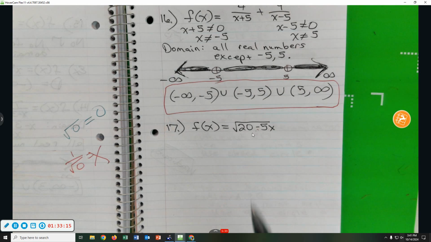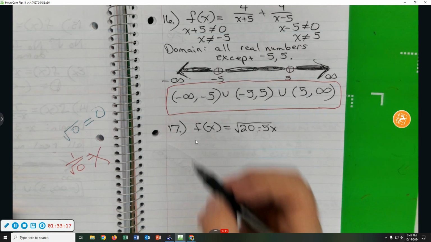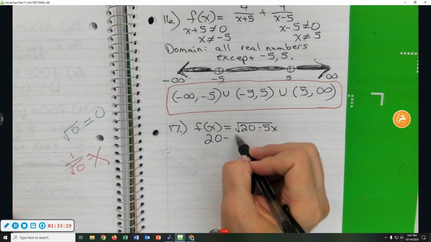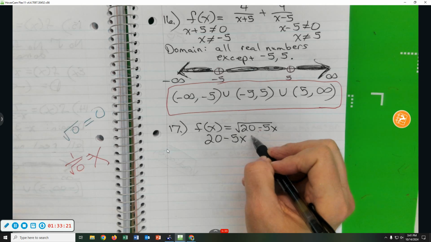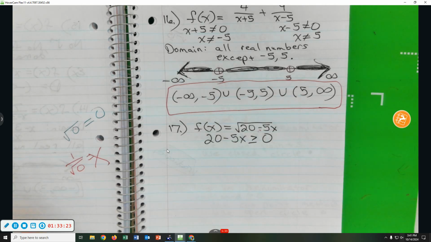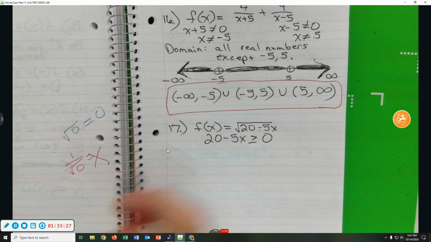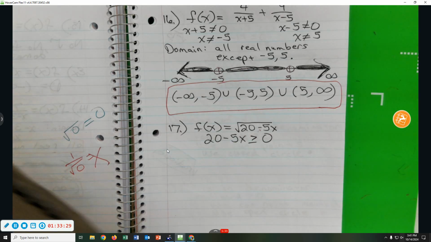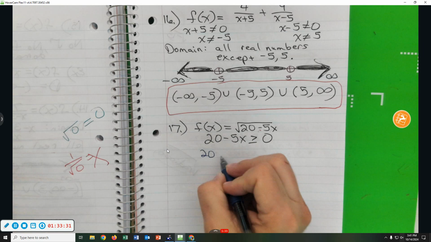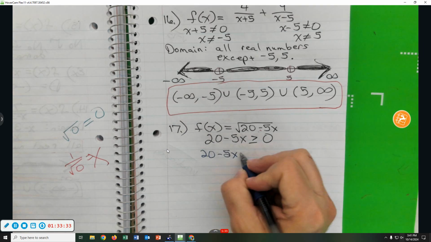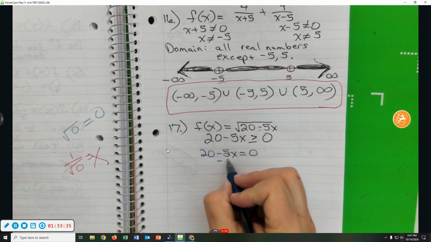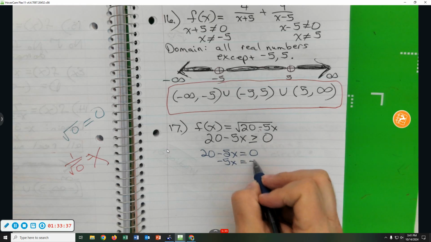So this is not in a fraction. We know we need 20 minus 5x to be greater than or equal to 0. So using cut points, we set 20 minus 5x equal to 0. That says negative 5x is equal to negative 20.